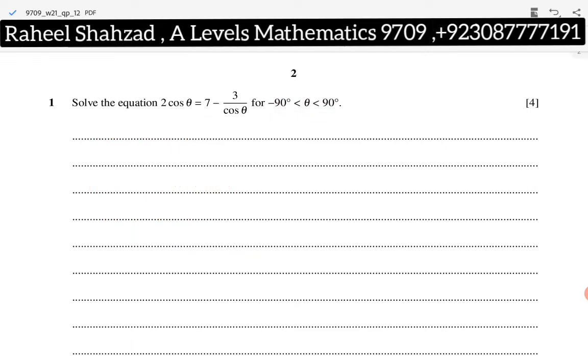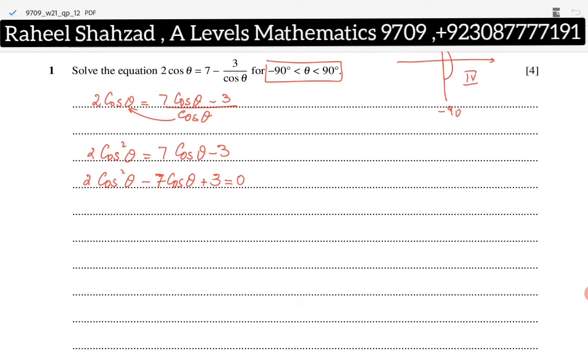Okay, then we can easily find out the factors. It's 2 cos square theta minus 6 cos theta minus 1 cos theta plus 3 is equal to 0. When we take 2 cos theta common out of it, it's cos theta minus 3, and then we take minus 1 common, so it is cos theta minus 3 is equal to 0.